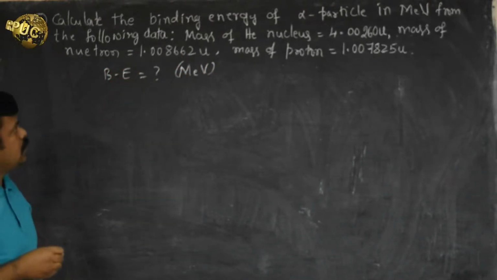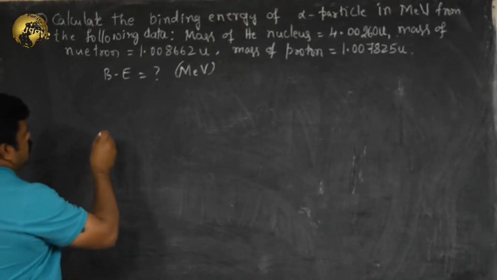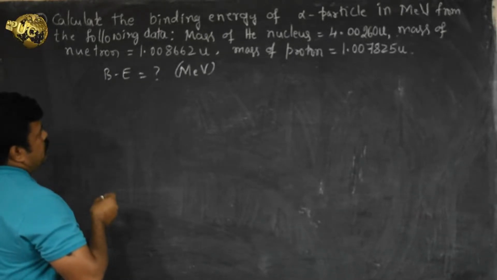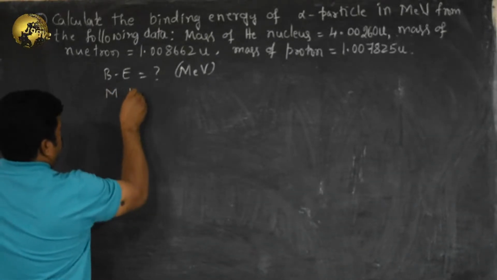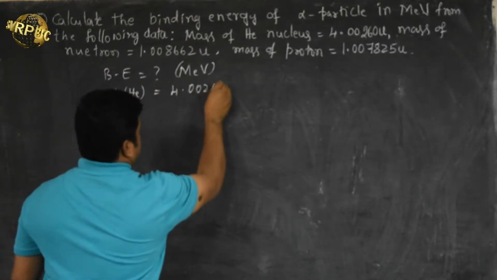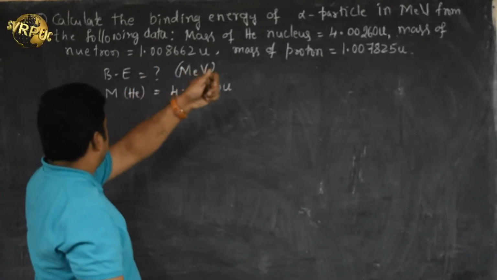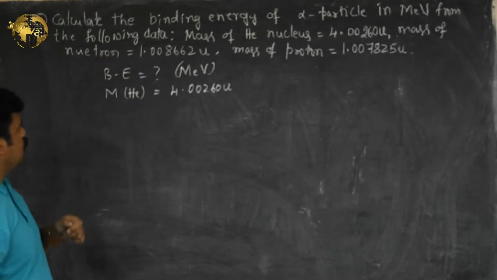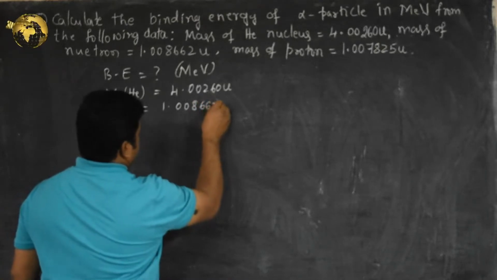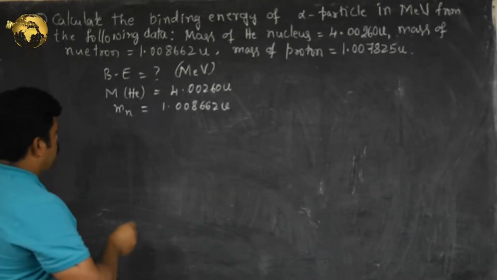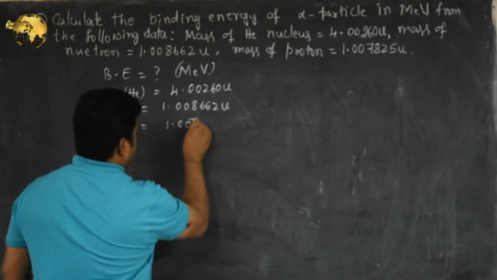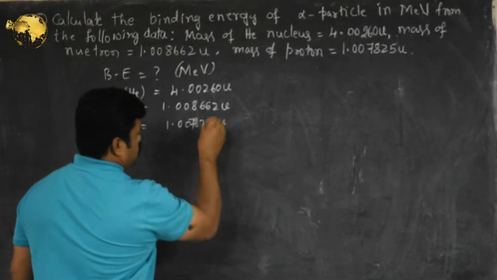From the following data, the mass of helium nucleus, alpha particle, helium nucleus, that's it. So, the mass of helium is 4.00260 u, and the other information: mass of neutron, Mn, is 1.00866 u, mass of proton is 1.007825 u.